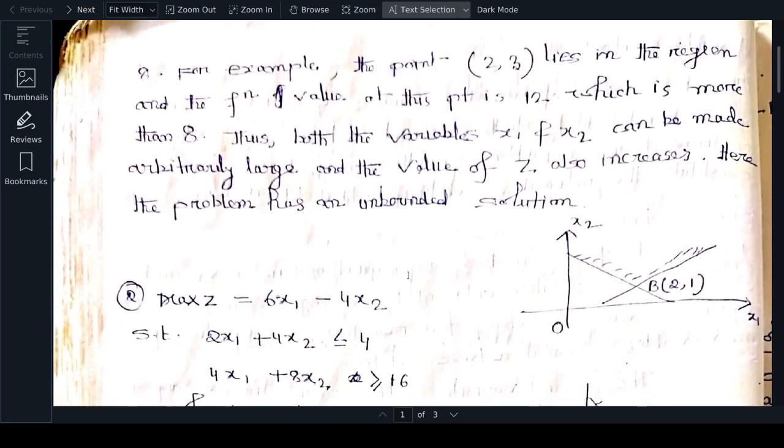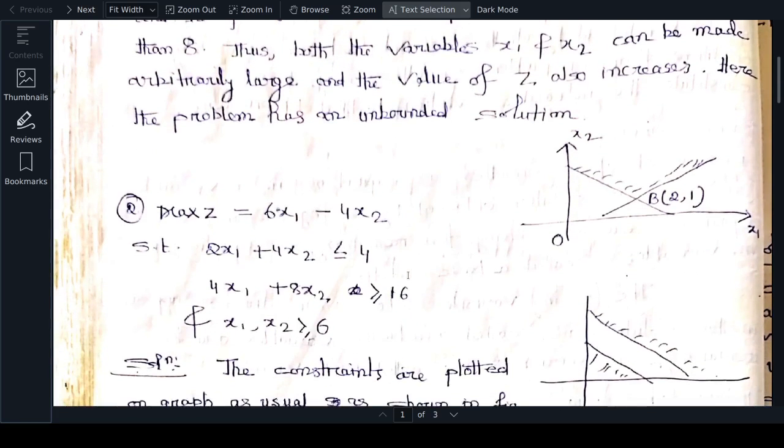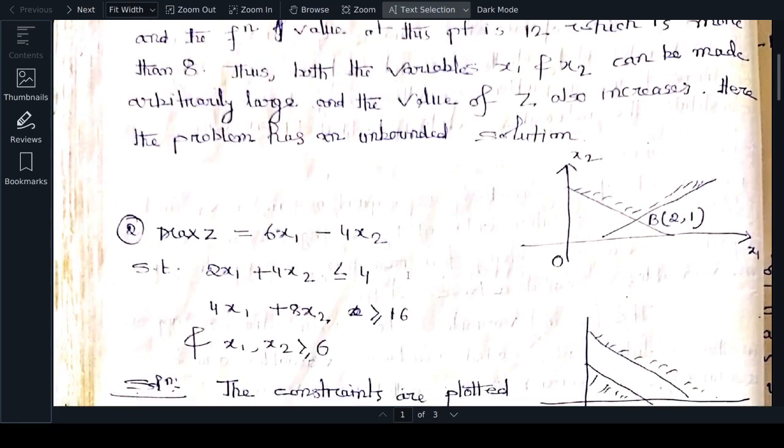Sir, by taking the equation twice x1 plus 4x2 equal to 4, and then by putting x1 equal to 0, we will get the value of x2, and then x2 equal to 0, we will get the value of x1. Okay.